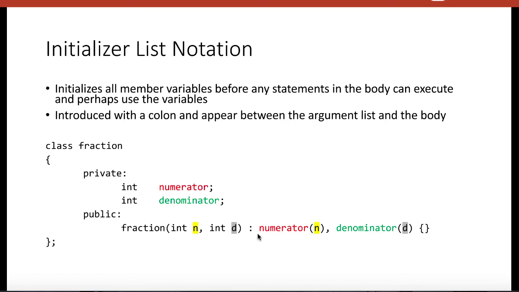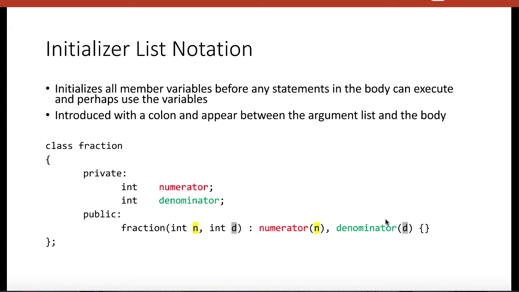But instead, we're going to say to the compiler, wait a second, I'm going to put a colon here. Remember that numerator that I defined earlier? We're going to set that equal to whatever the user passes in to n, and we separate that by a comma. Then remember that integer denominator variable that I specified earlier? I'm going to set it equal to the second variable the user passes in.